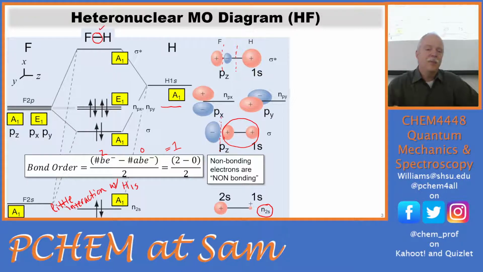So check. But if we had called this a sigma, then it would be a double bond, right? And so it'd be nice if it matched the bond order. It doesn't always. And in fact, once you get to polyatomics, the bond order calculation goes out the window. So don't get too comfortable with it. It's kind of dissatisfying for me that we can't calculate the bond order for polyatomics. But for diatomics we can.